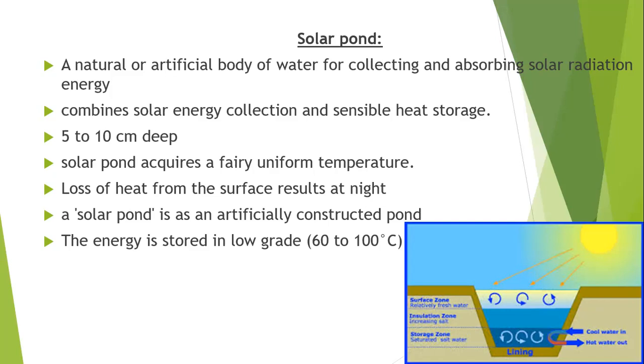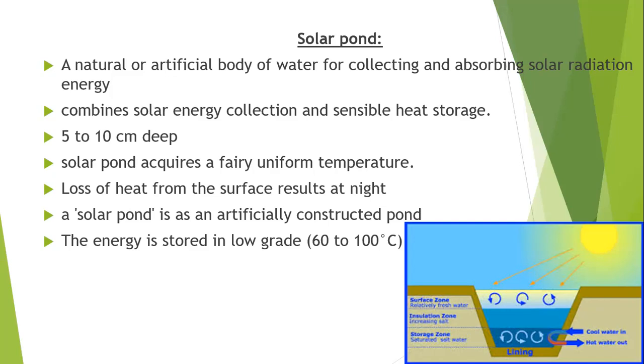Actually, it is a natural or artificial body of water used for collecting and absorbing solar radiation, and again it stores that in the form of heat. This is a solar pond. Thus the solar pond combines solar energy collection, and it is storing the heat sensibly.